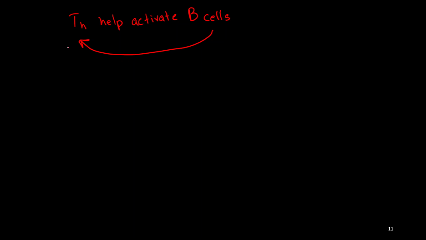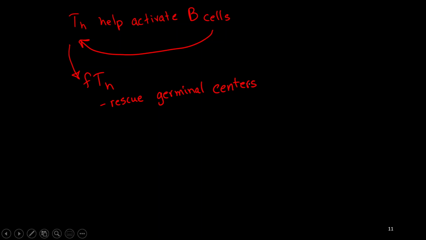Ultimately, the T helper cells in this case are going to become follicular T helper cells. Follicular T helper cells are going to help rescue the germinal centers. So unless your body is actively battling an invasion, the germinal centers don't always stay in the secondary state.